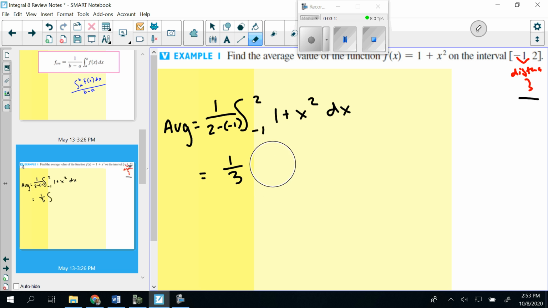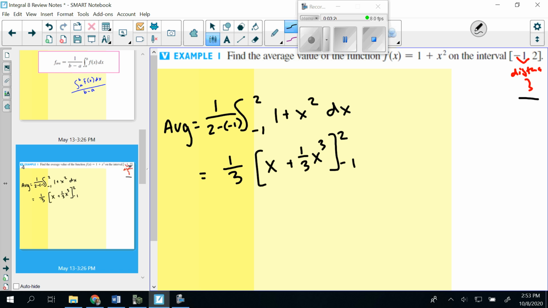Let's go through and find that antiderivative, which would be x plus, we got to do our little power rule here, x to the third. We went up a power, we got to put the reciprocal in front, and then we want to evaluate that at both 2 and -1. Now plug in those numbers and we should get our result here.